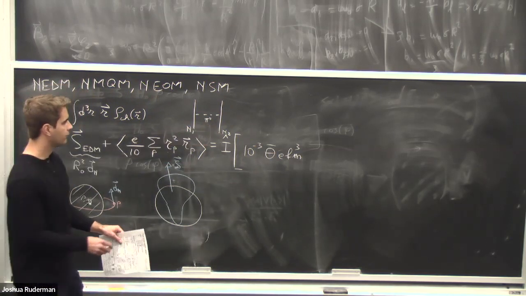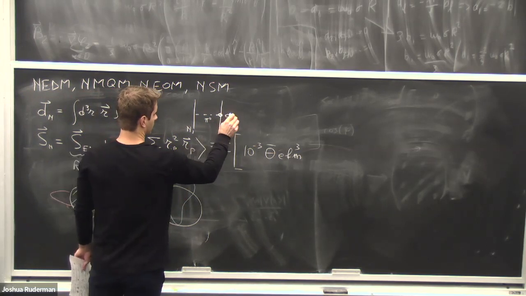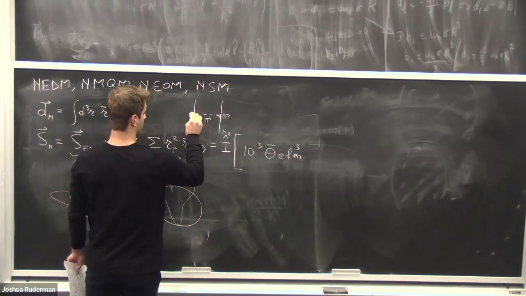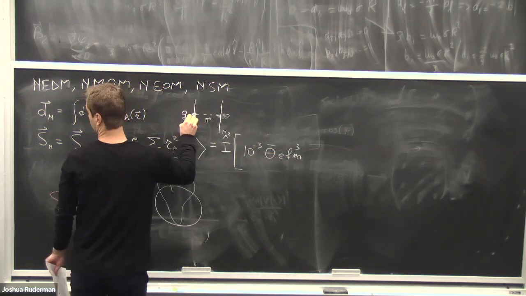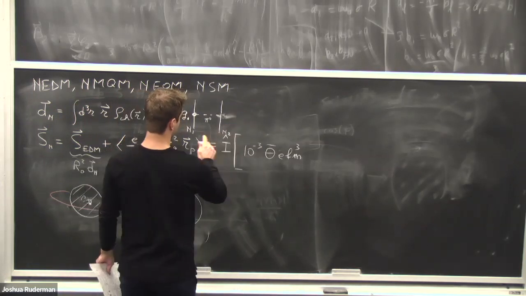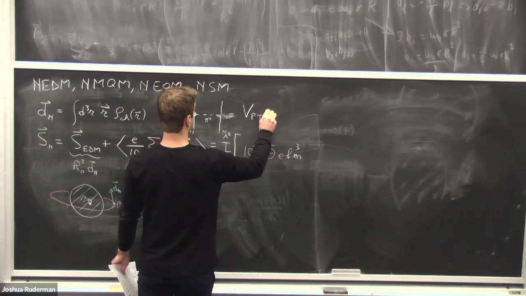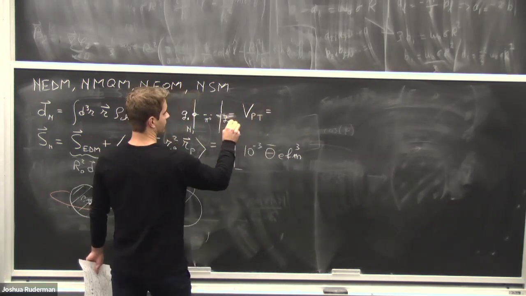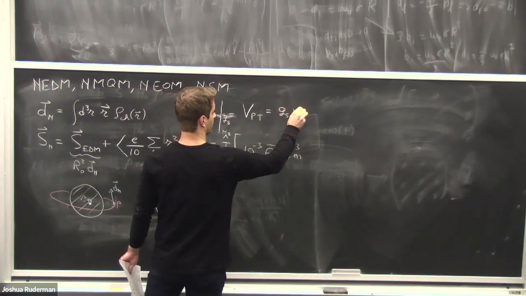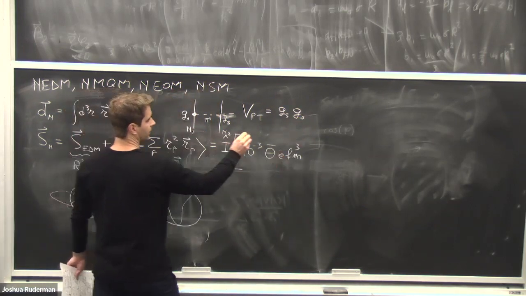Now, if there's non-zero theta, it will get this g0 coupling, the same one in this diagram here. That's 10 to the minus 2 times theta. And so it will generate P and T violating interactions between nucleons. So this will generate a potential that's P and T violating, and it's the standard pion coupling times this parity violating coupling.